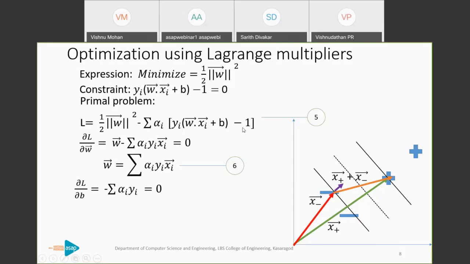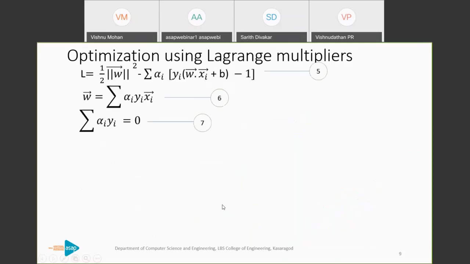And the last term will also be 0. So you'll be getting minus the summation of alpha i yi is equal to 0. So this is the condition you got now. So now you got an expression like this for W, and you also got a condition like this.